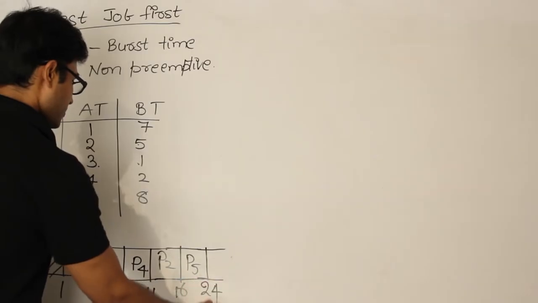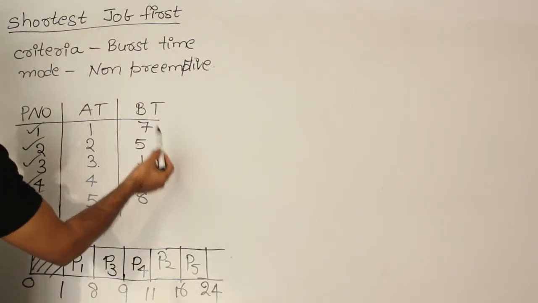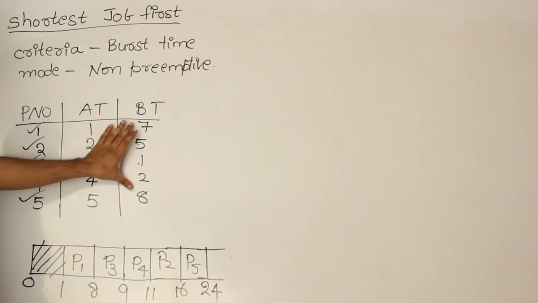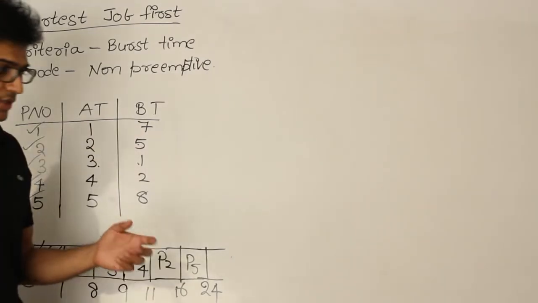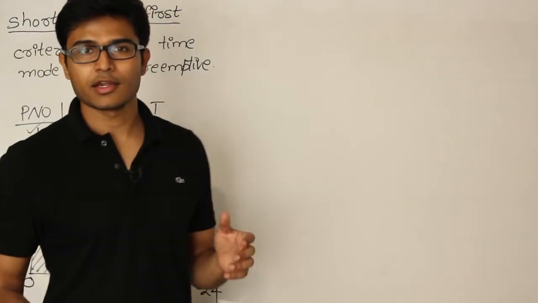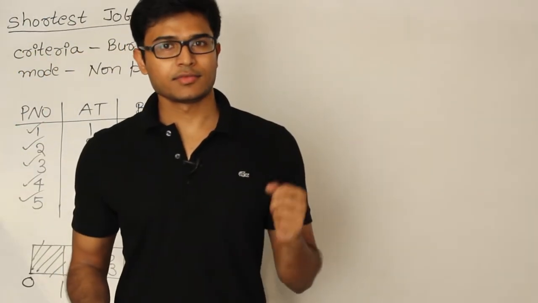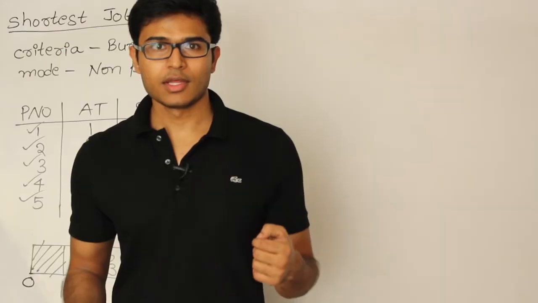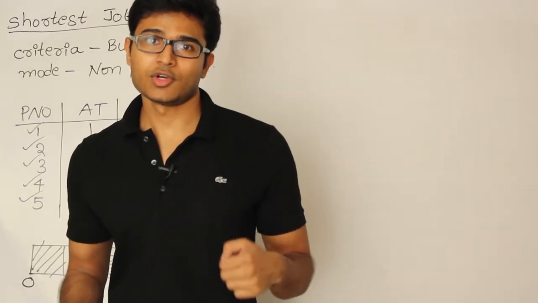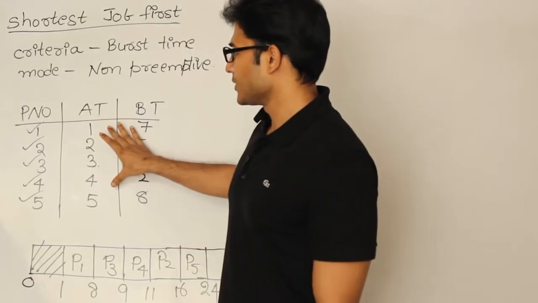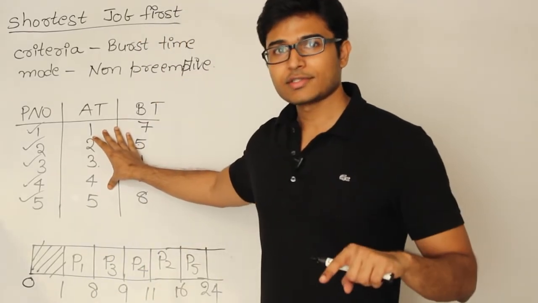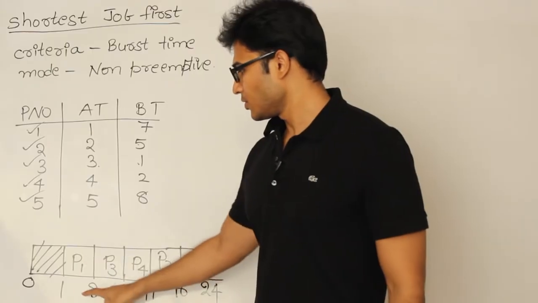Now if you observe it, even though it is shortest job first, the question might be: given any random combination of processes with random possible arrival times, will shortest job first always schedule the shortest job first? It is false. The reason is that it schedules the shortest job among the available processes.